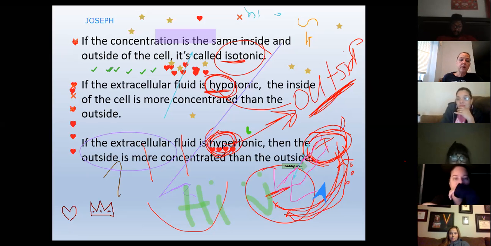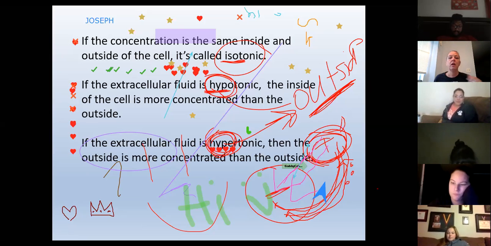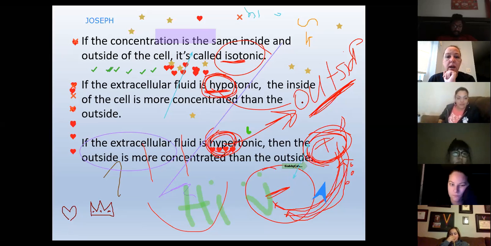So last week we were talking a little bit about when you take gummy worms and you set them into a clear adult beverage. Those gummy worms compared to the beverage are hypotonic, meaning the inside of the cell is more concentrated than the outside.